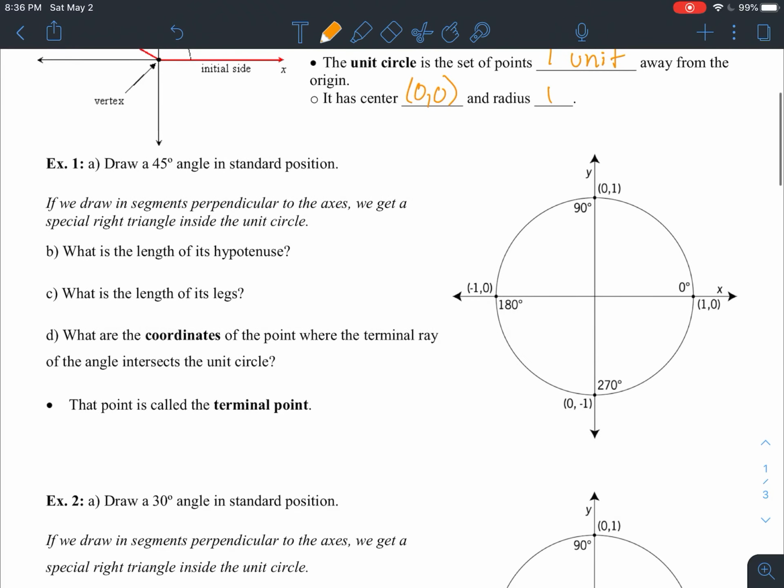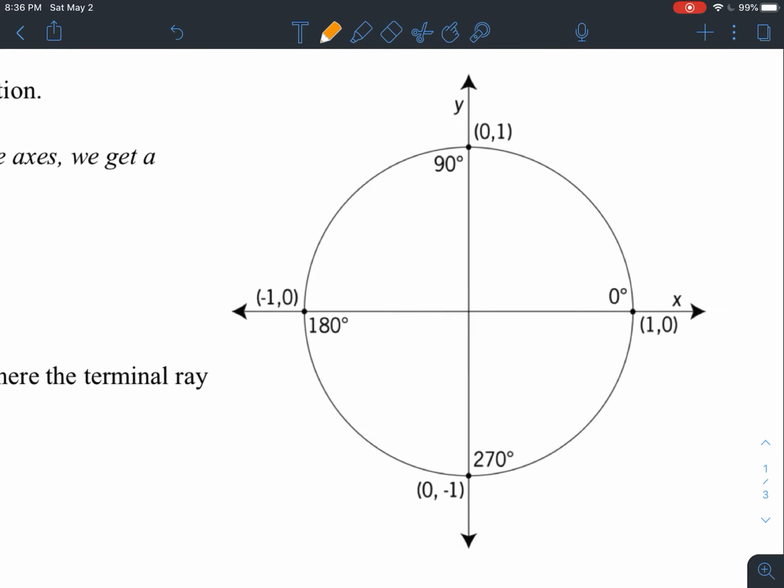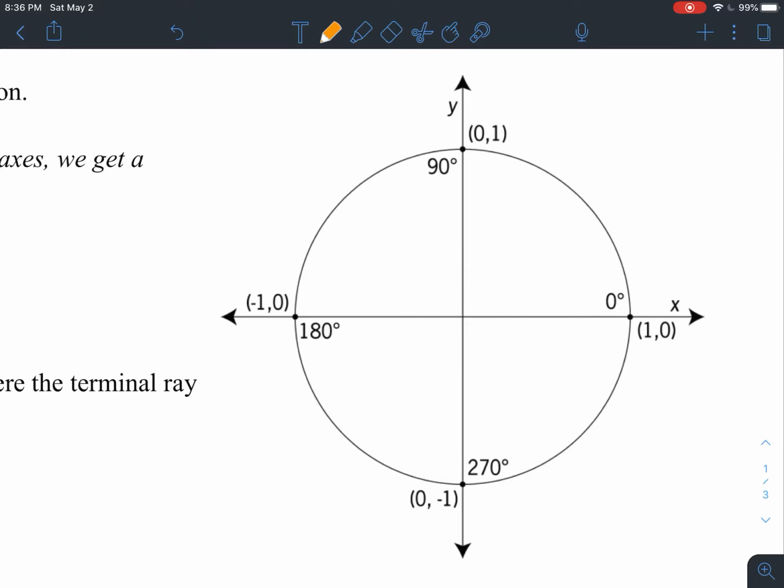So what we're going to look at first is a 45-degree angle. If we plotted a 45-degree angle on my unit circle, it would be somewhere around here, maybe not quite. And actually, I'm going to try and make it a straight line.